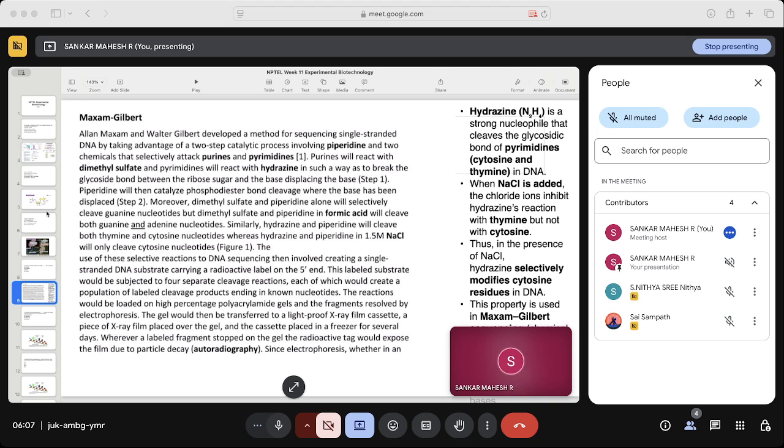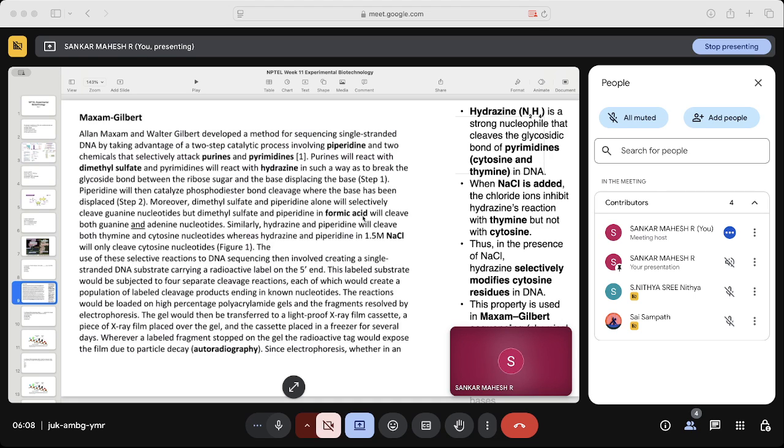That way, your glycosidic bond is broken. Then piperidine catalyzes phosphodiester bond cleavage. Now, when dimethyl sulfate and piperidine act, guanine will be cleaved.